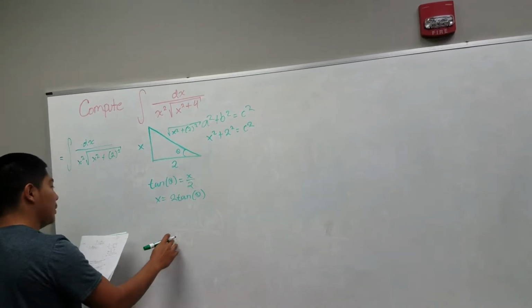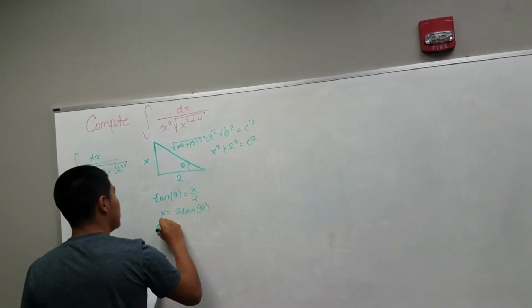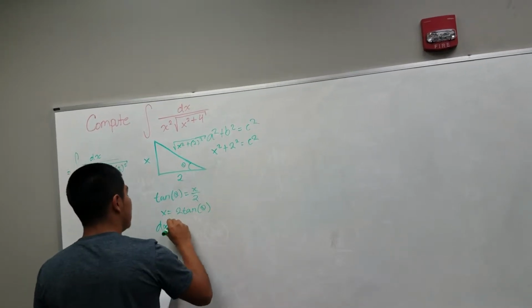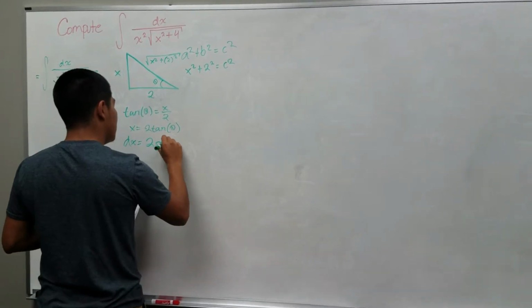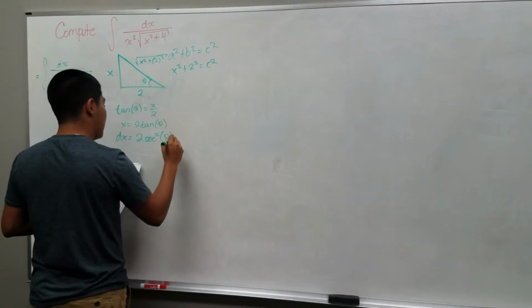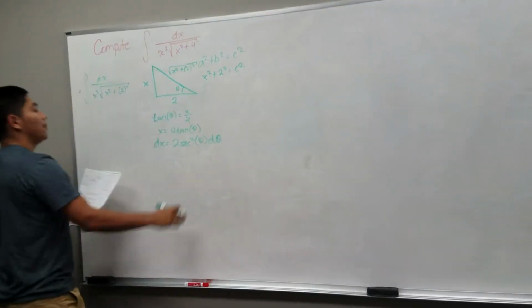And then from there, we can take the derivative. dx is equal to 2 secant squared of theta d theta.